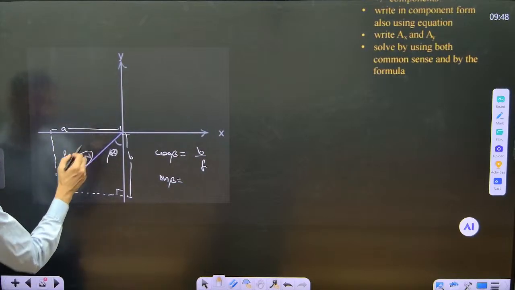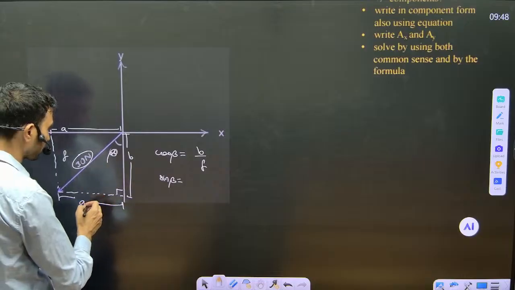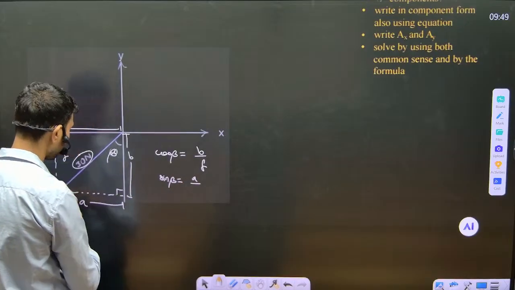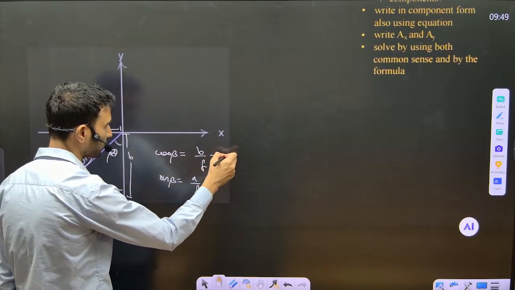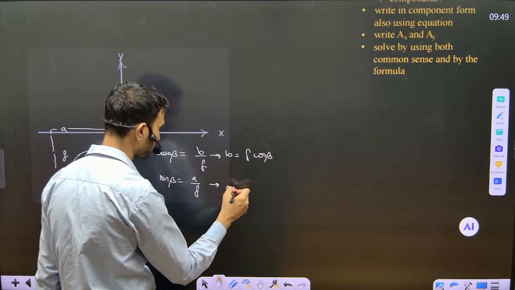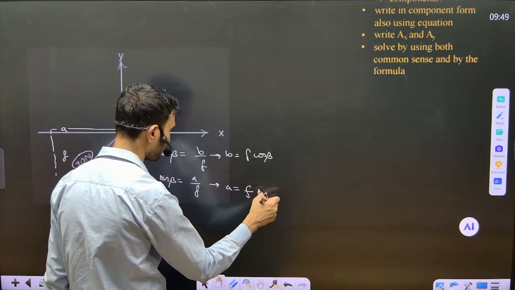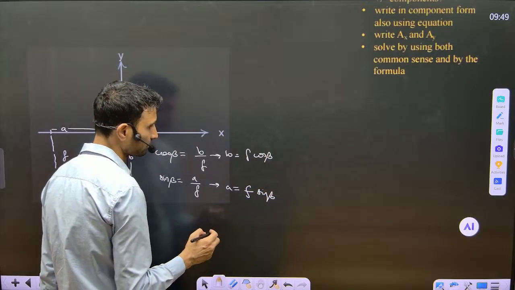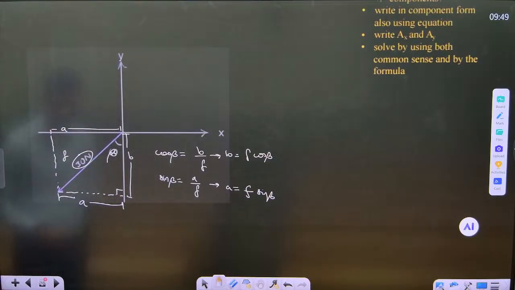Now if that is A, this is also A, right? So you can write sin beta as what? A by F. So from here B comes out to be F cos beta and A comes out to be F sin beta, right? And then you can proceed the same way like we did in the last problem.